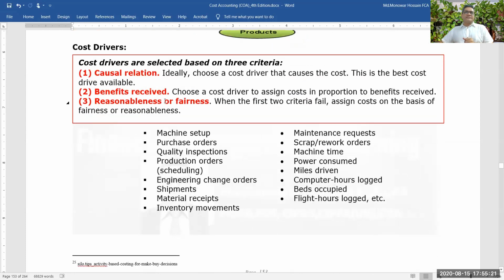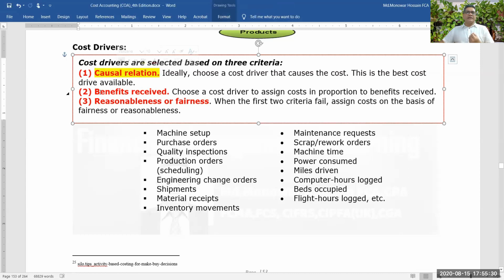So the cost driver is selected based on three criteria: one is causal relation, another is benefits received, another is fairness. Causal relation: it should be a cost driver that causes the cost. This is the best cost driver available. Benefits received: choose a cost driver to assign cost in proportion to benefit received.